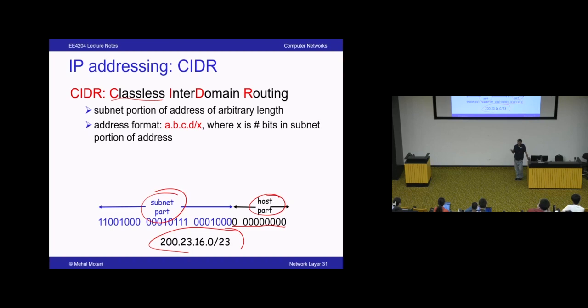It was a little bit more difficult to do things like this. But these days, computing has advanced. We have enough memory. Routers are fast. So we basically allow the subnet part to be anything from 0 to 31.